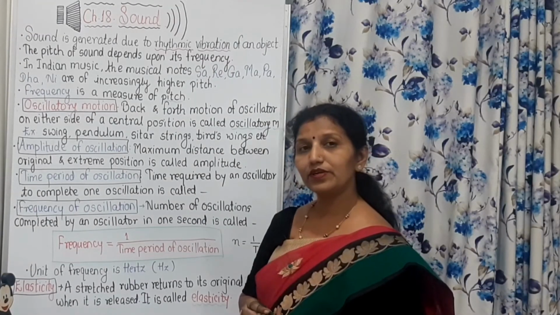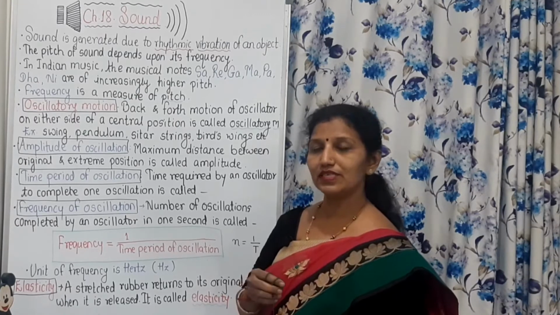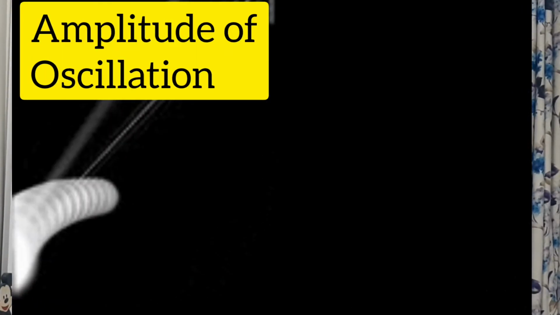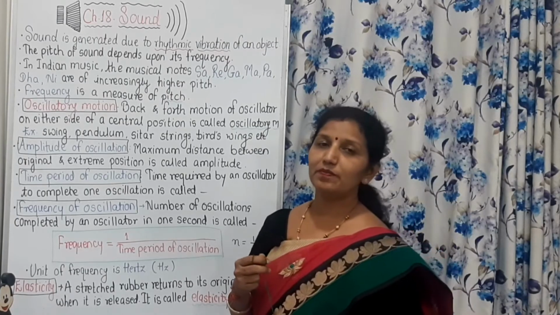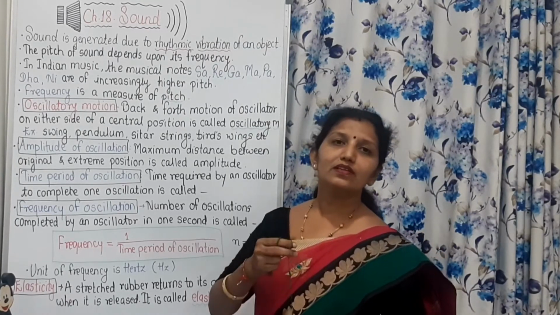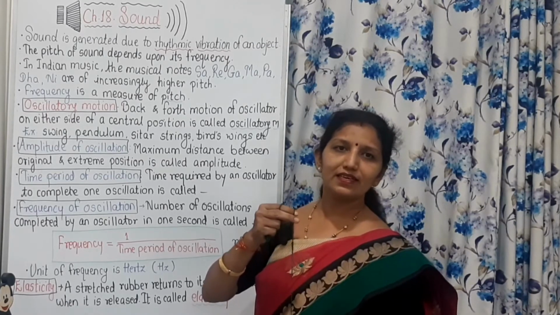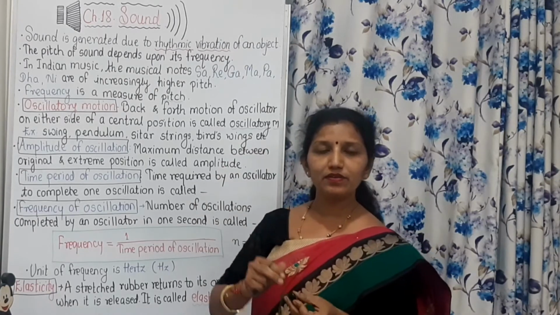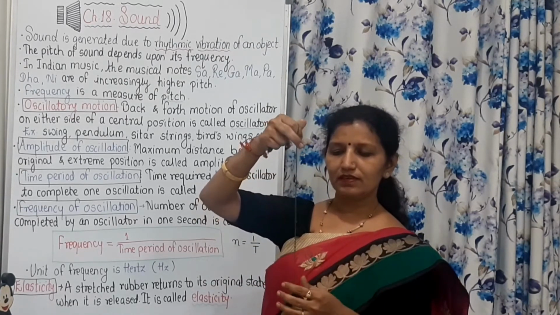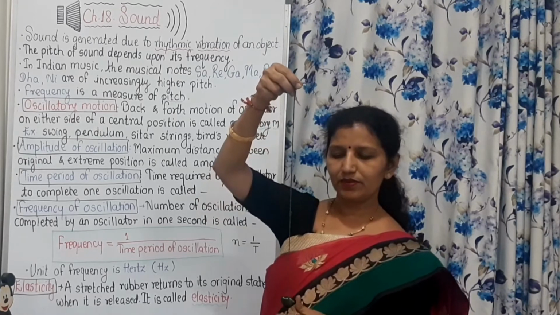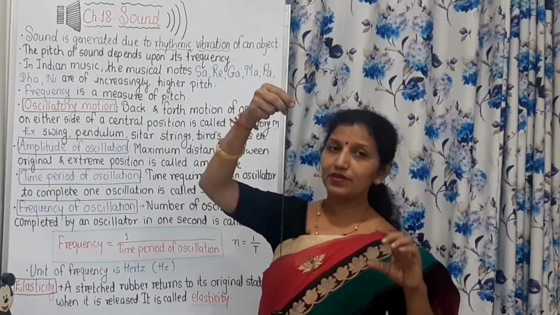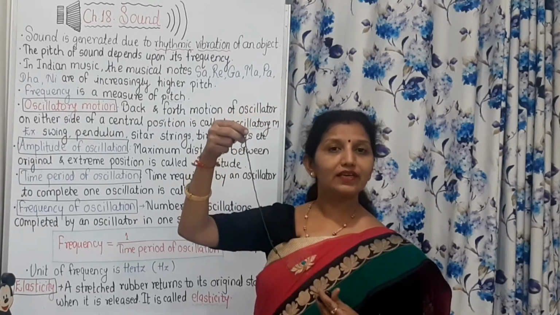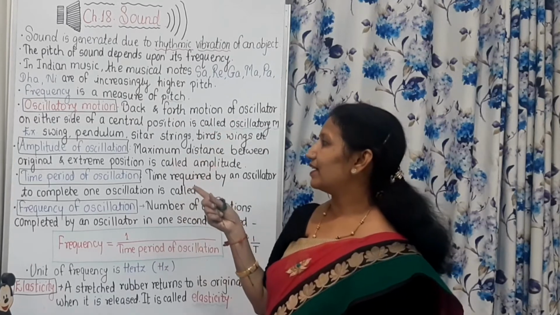Now, we are going to study some terms that are related to oscillation. For example, amplitude of oscillation. For studying amplitude of oscillation, on page number 122, the activities are given. For example, if this is a pendulum, you have to increase the length of this thread and note down the time period, and after noting 4 to 5 readings, you have to make a conclusion about it, and that activity you have to do.